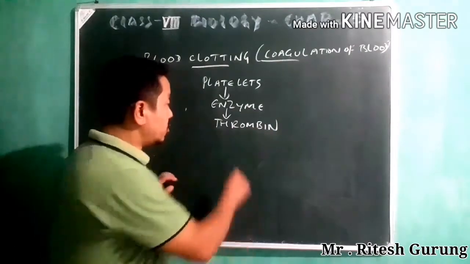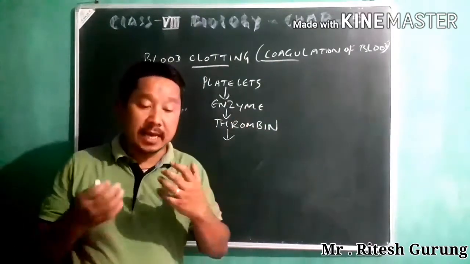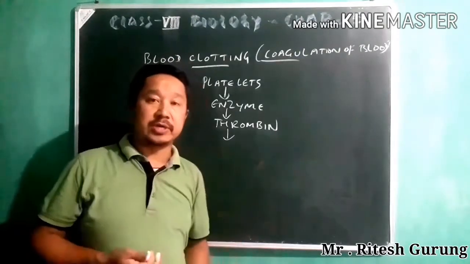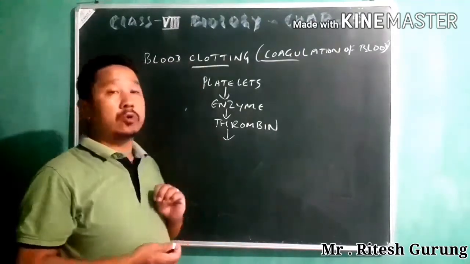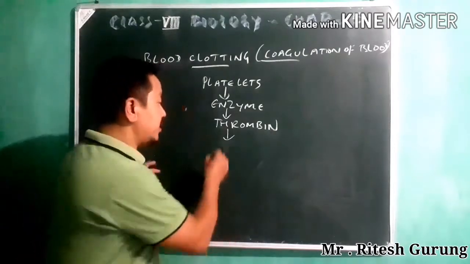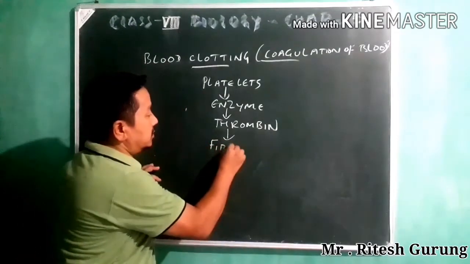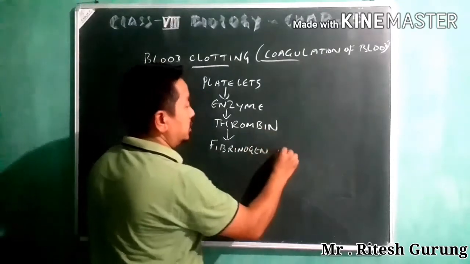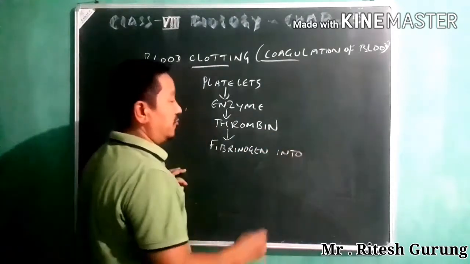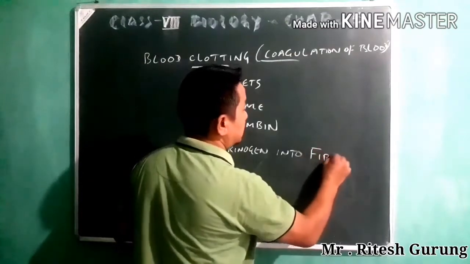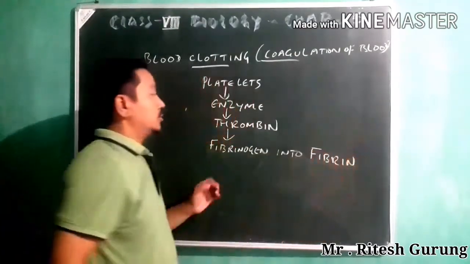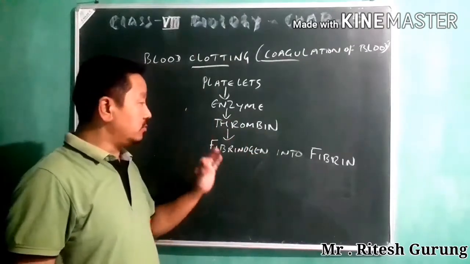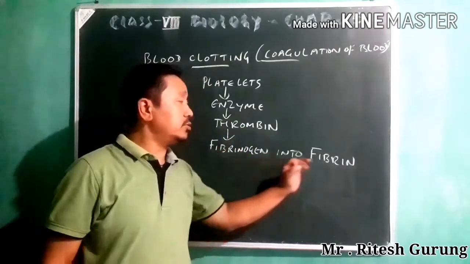Then this thrombin has a capacity by virtue of which it converts fibrinogen into fibrin. See here, thrombin, a kind of protein, has the capacity to convert fibrinogen into fibrin.